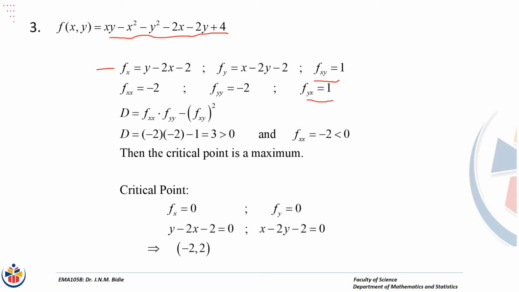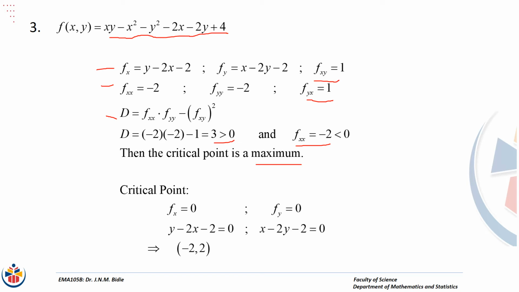And then we go to the second derivatives, and then we go to the formula, D. In this case, we got D to be positive. Immediately D is positive, then we go back and check how was our fxx. And here we got negative. So if D is positive and fxx is negative, then we've got a maximum critical point.